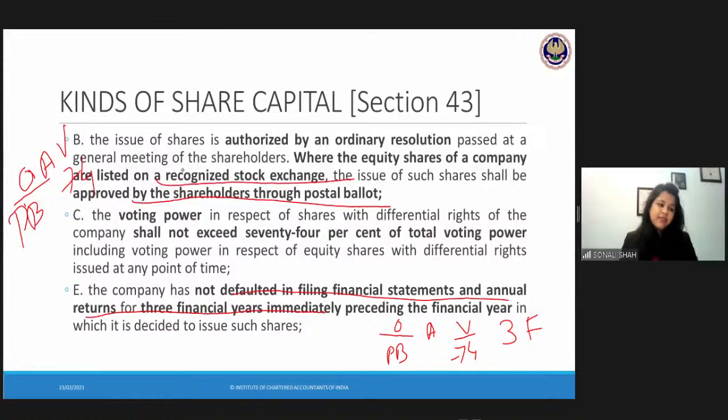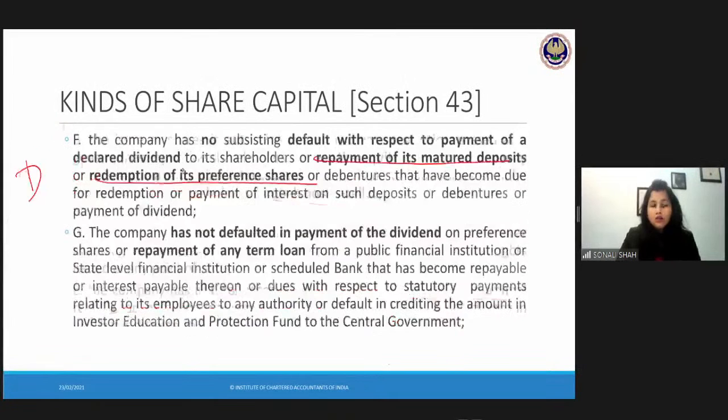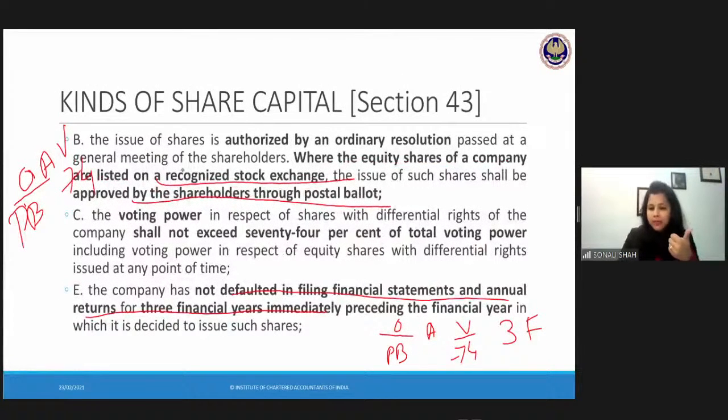Vaishnavi, if you have 6 DVRs, you will have 6 votes. So O by PB, A, V by 74, 3F.